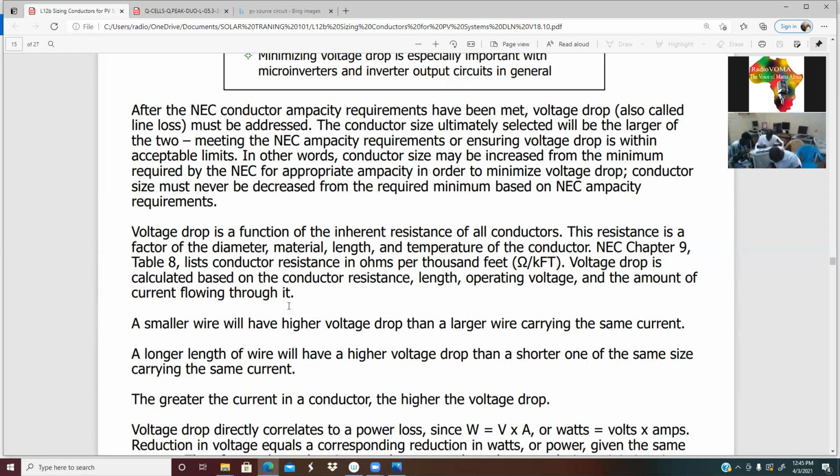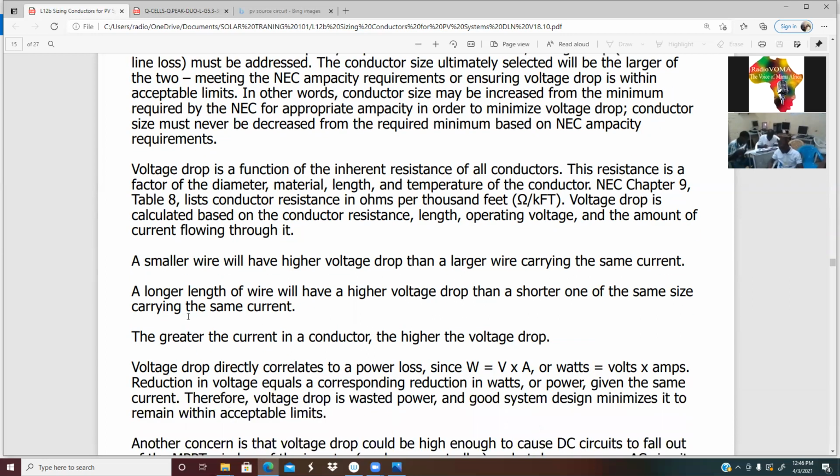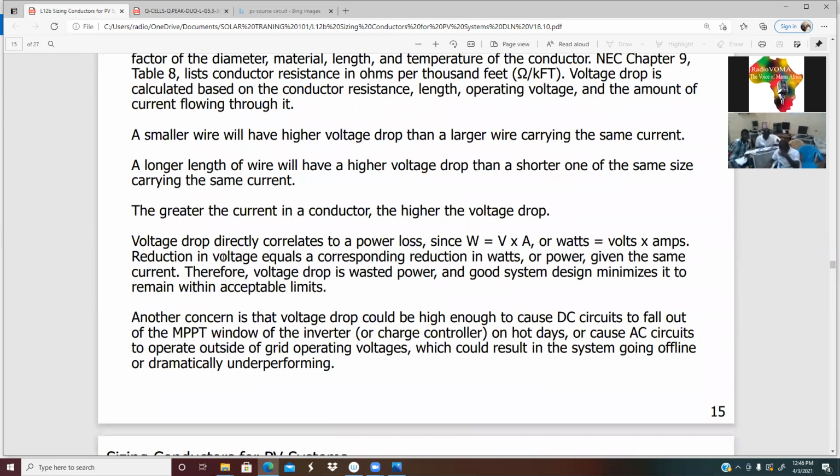So a smaller wire will have higher voltage drop than the larger wire carrying the same current. You get that? A longer length of wire will have a higher voltage drop than a shorter one of the same size carrying the same current. The greater the current in the conductor, the higher the voltage drop.